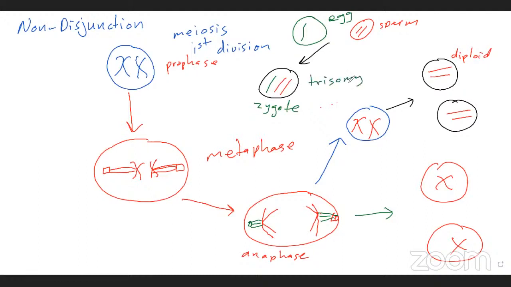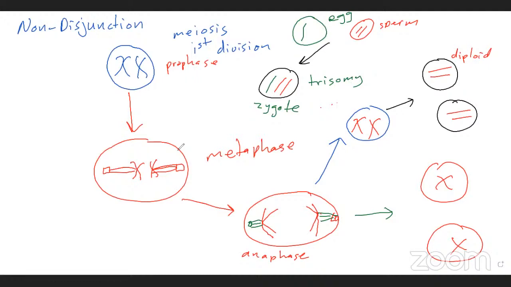If it has three, it is trisomy. All right? One extra chromosome. So Down syndrome has an extra chromosome. The two you need to know about are Down syndrome and Turner syndrome, and they are a result of non-disjunction.